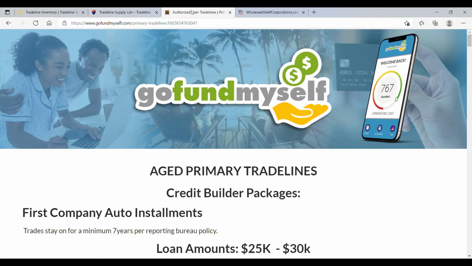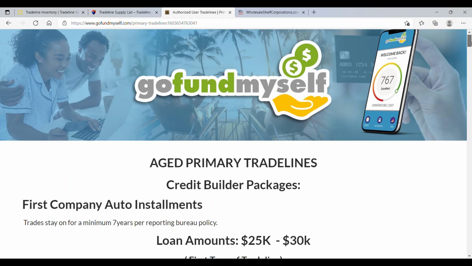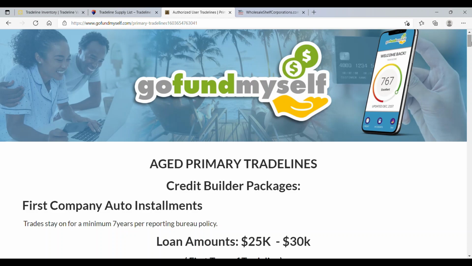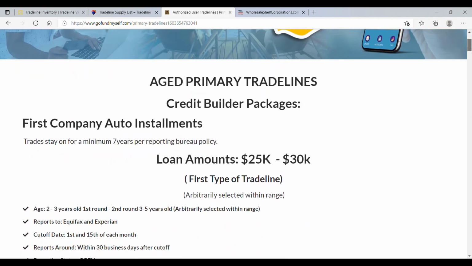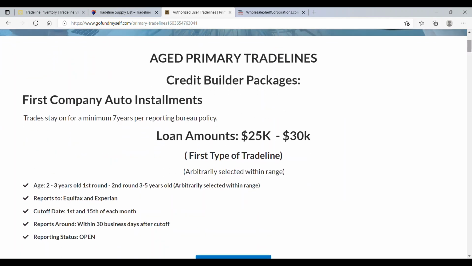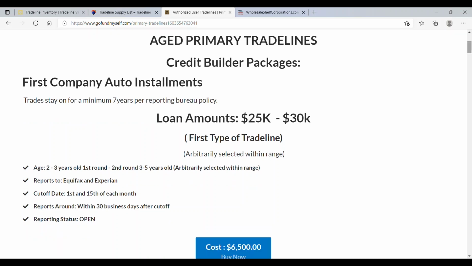Pretty much, like how you have rent reporters and Rental Karma, this is a website where you can actually buy a backdated primary account. So as you all know, when they report a loan on your credit profile, like this one for example, it says an aged primary trade line. It was just a loan for 25,000 to 30,000, and they're gonna report that to your credit profile.